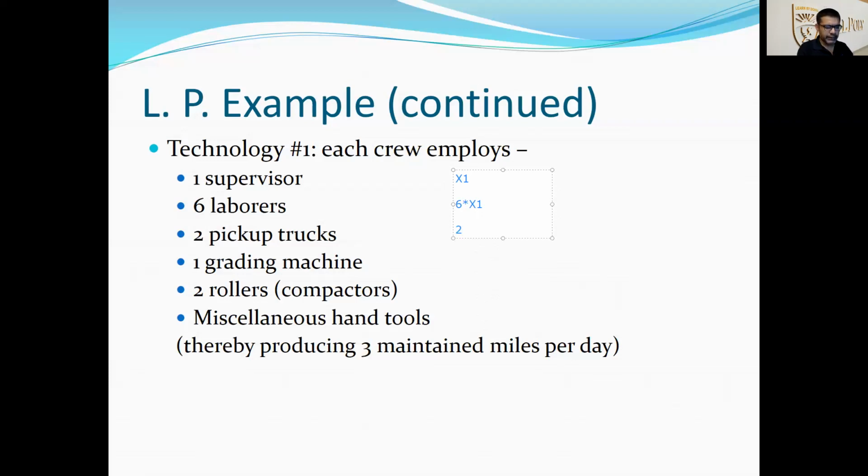And same idea here. If I'm using 2 pickup trucks for each unit of technology 1, that gets me 2 times X1, and 2 rollers gets me 2 times X1. Make sense?